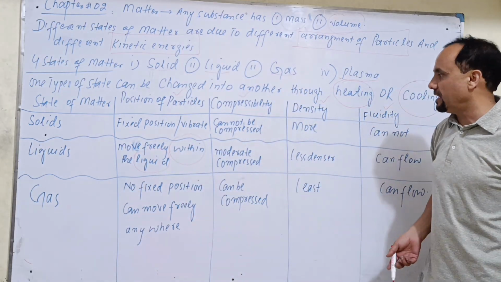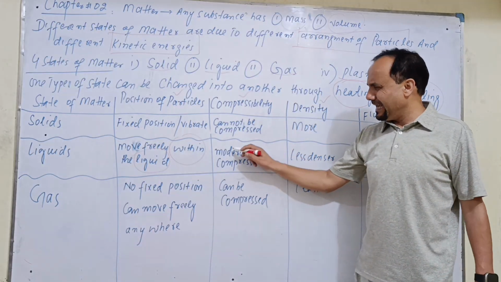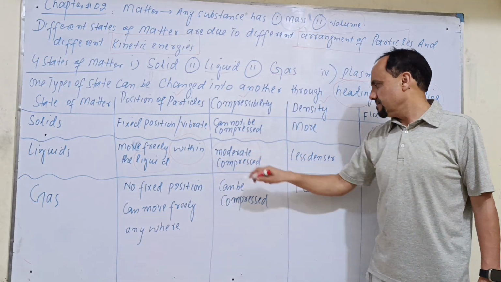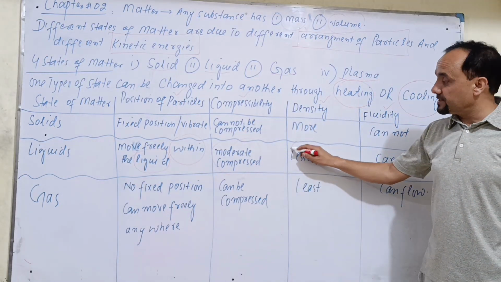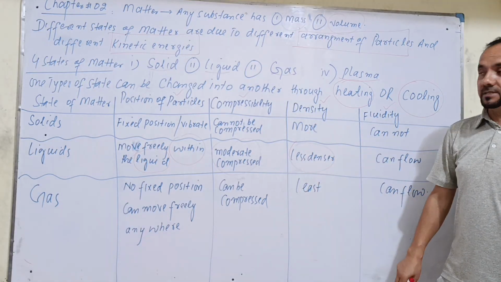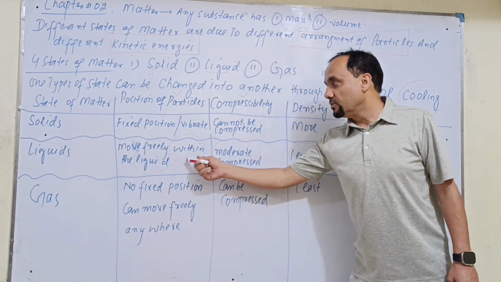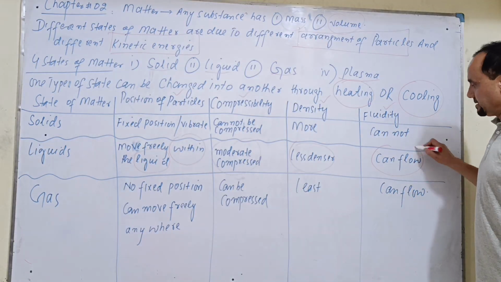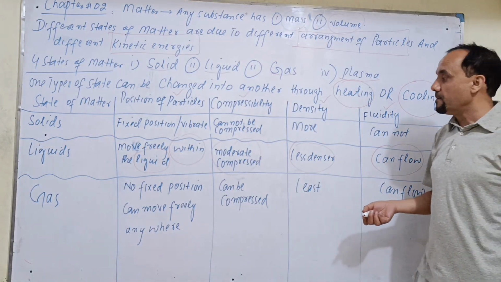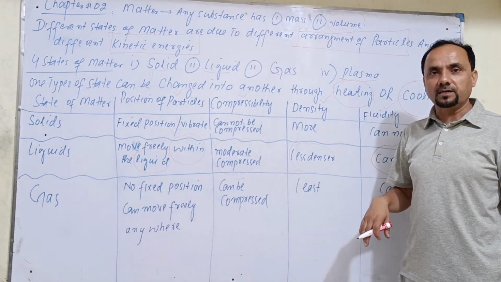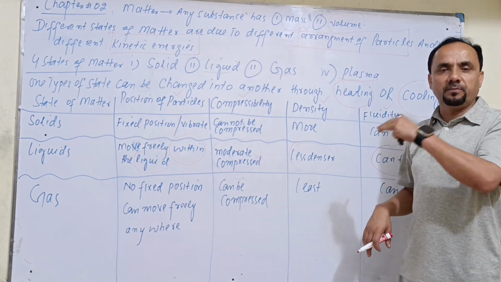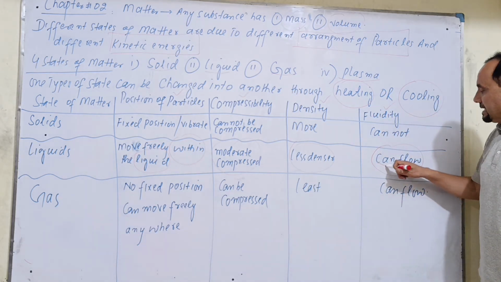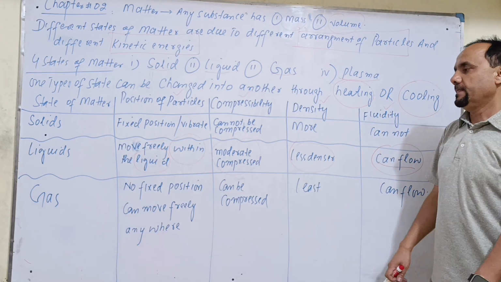When they are in liquid form, the particles can be compressed and they are less dense because the forces are weak. The particles move freely within the liquid. Yes, a liquid can easily flow. If you pour liquid water, it will flow from one place to another, so they can easily flow.